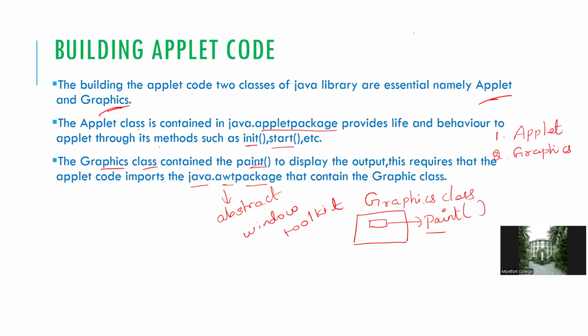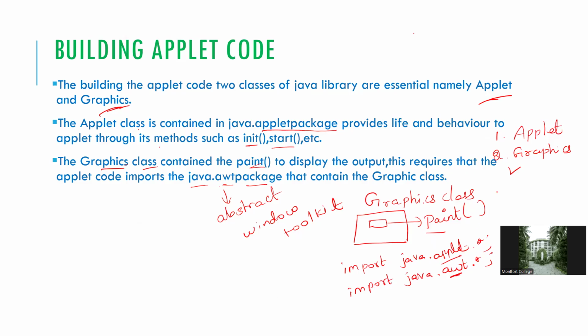If you want to import the applet class, we write import java.applet.*. If you want to import graphics, then import java.awt.*. This will bring the paint method.